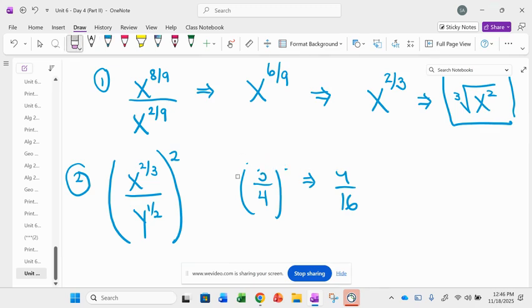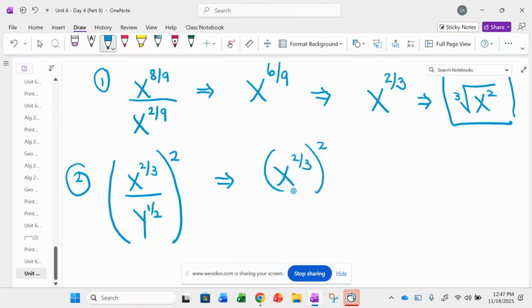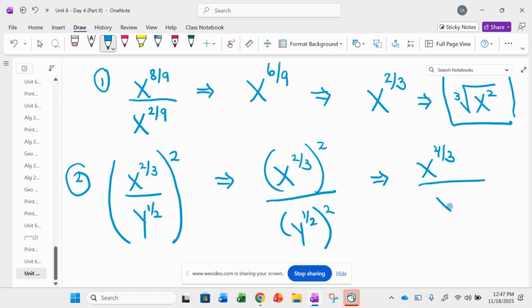So when I have x to the 2/3 over y to the half, all raised to the second power, both the numerator and the denominator get that exponent of 2. So this becomes x to the 2/3 raised to the second over y to the half raised to the second. Power to a power you multiply, so I have x to the 4/3. What's a half times 2? 1. Has that taken care of the radical in the denominator?